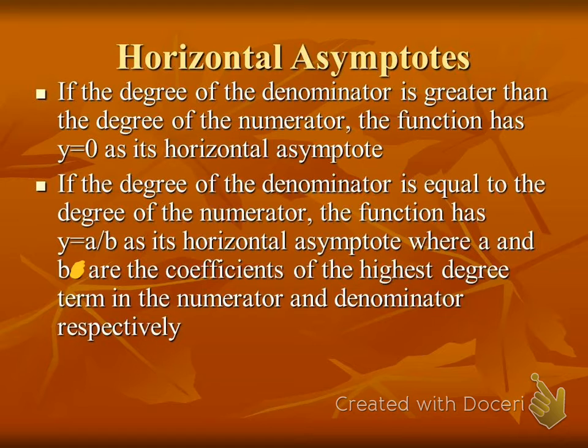It's just the letter b, not the word b. Let me give you a second to write that down. So the first case says that if the denominator is outgrowing the numerator, then the horizontal asymptote is 0.